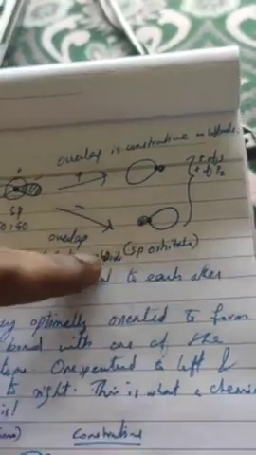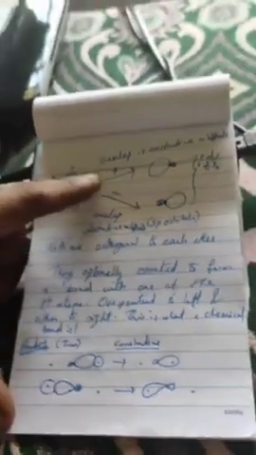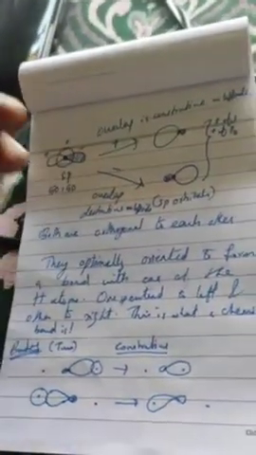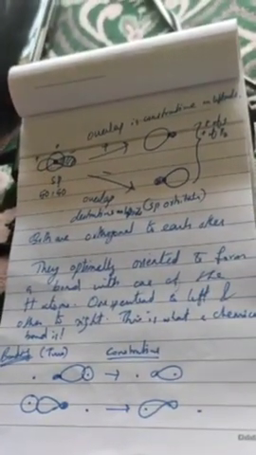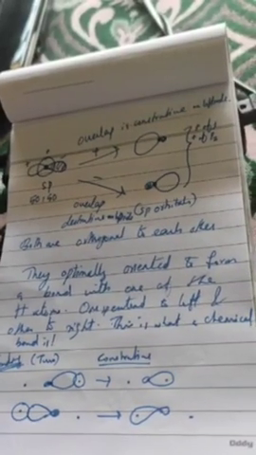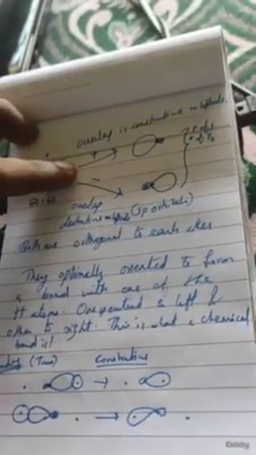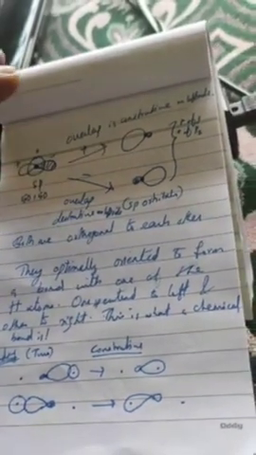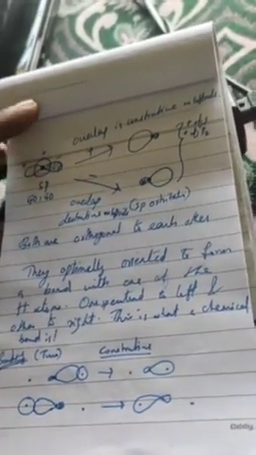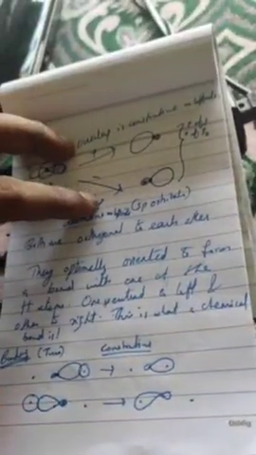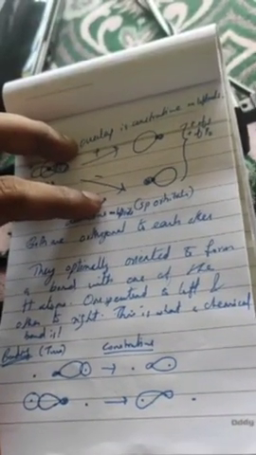Now we can say that these two orbitals are optimally oriented, so we are getting a very good covalent bond with the two hydrogen atoms. This is how the chemical bond looks.